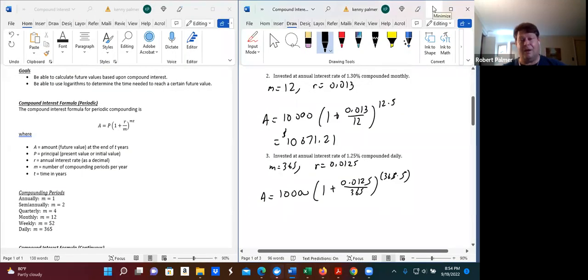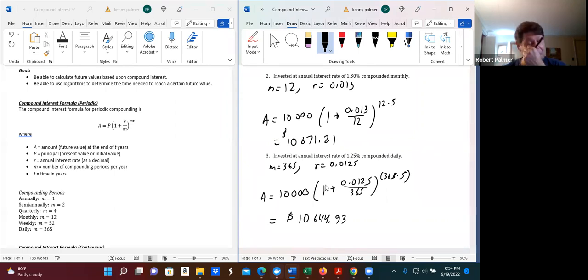So you see, the formula is kind of more sensitive to what your interest rate is than your compounding period. So once again, this amount was $10,644.93. Now, let's make a few things clear.